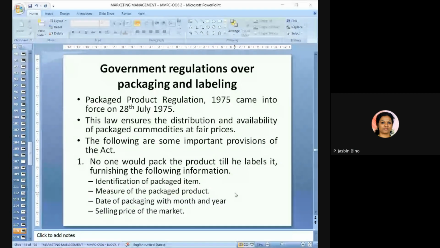The important provision given in this law is that no one should pack the product until he labels it and furnishes the following information. What should be added on the package is: identification of the packed item, measurement of the packed product, date of packing with month and year, and selling price of the product. All this should be added on the packing, according to the government law, the Packaged Commodities Regulation Act 1975.